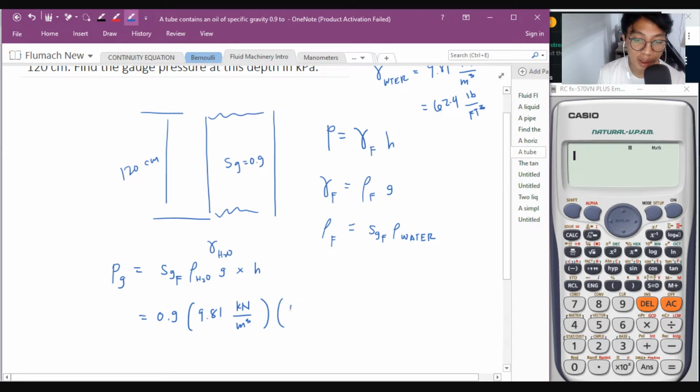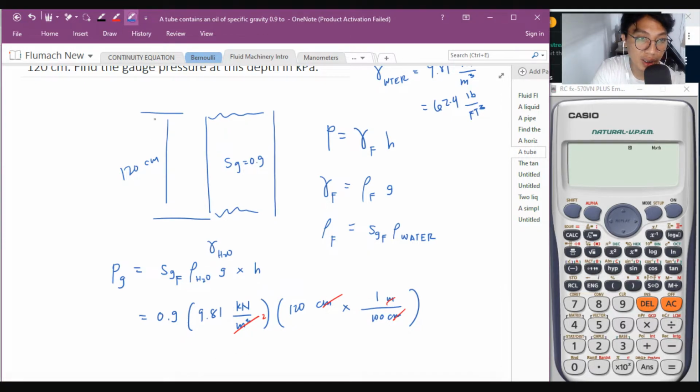Ano yun? 120 cm. Hindi makakancel si meter cube para maging kPa. So, paano yan? Di meron ka dyang 100 cm in every 1 meter. We cancel all the same units. So, yung meter cube, matitira niyang dalawa. Yung cm, cancel ito. Tapos yung kilonewton as is. You now have the gauge pressure in kPa.